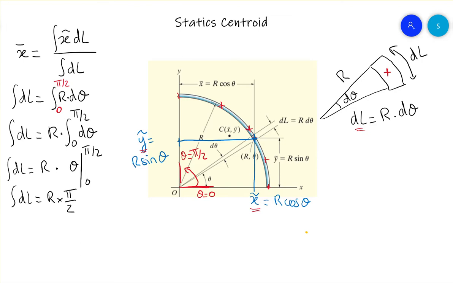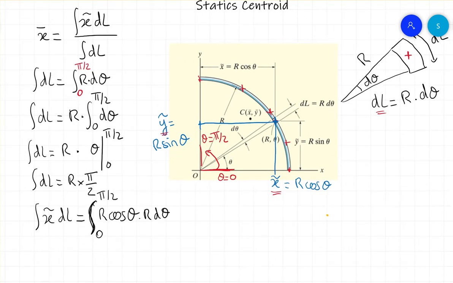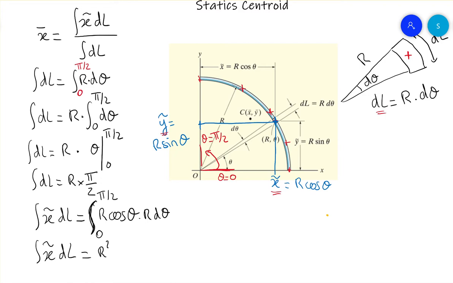Now for x tilde, the integral of x tilde dl is equal to r cosine theta times r d theta, from 0 to pi divided by 2. So the integral of x tilde dl is equal to r square times the integral of cosine theta d theta, from 0 to pi divided by 2.